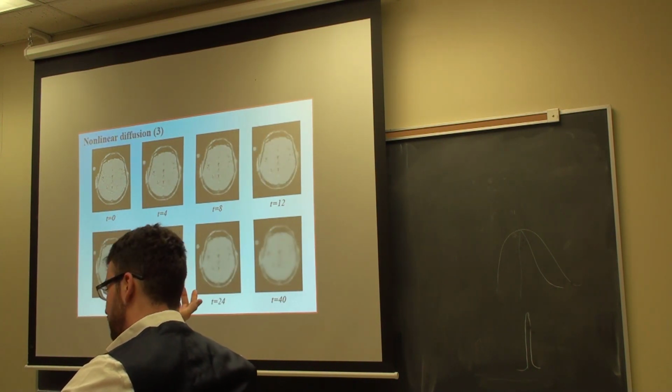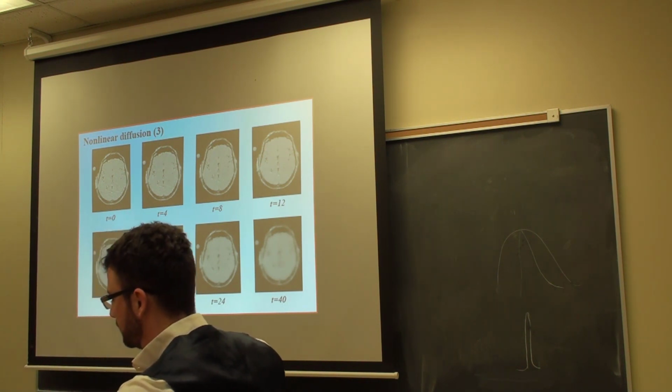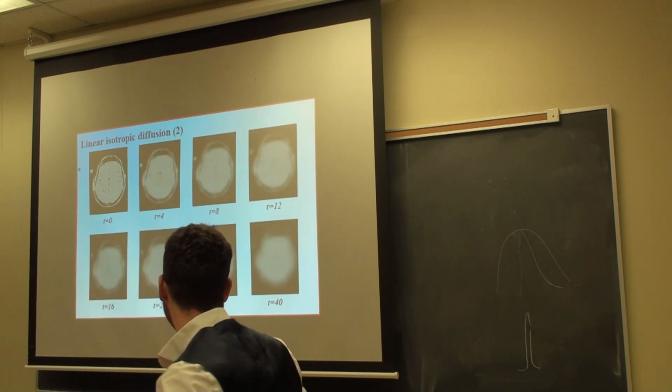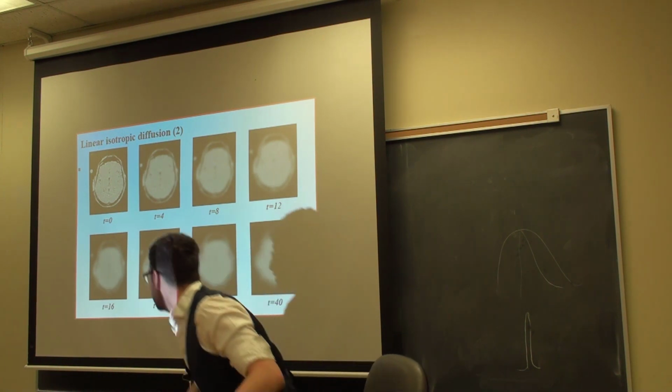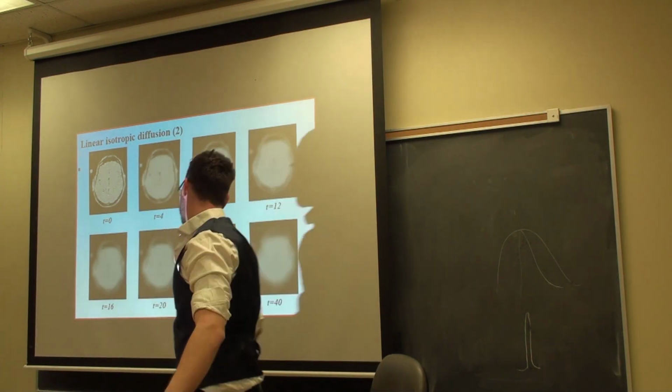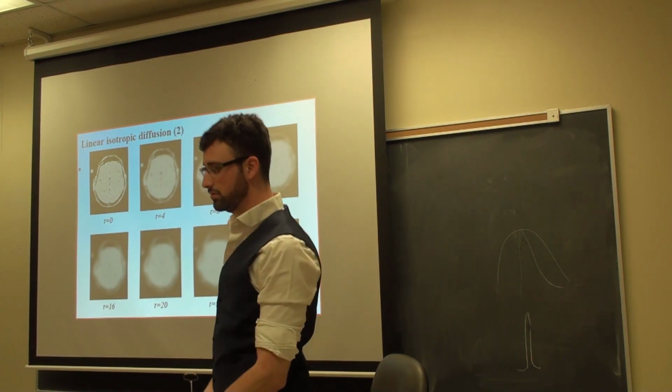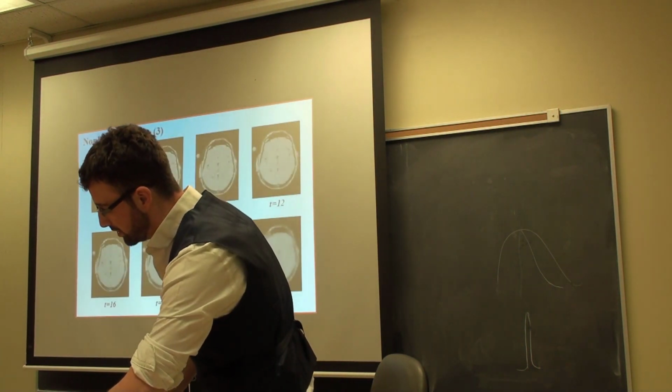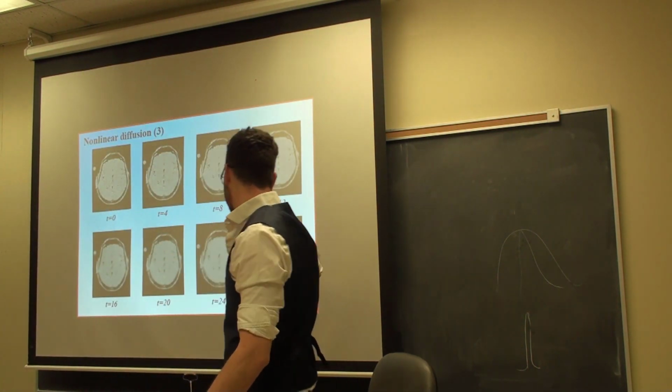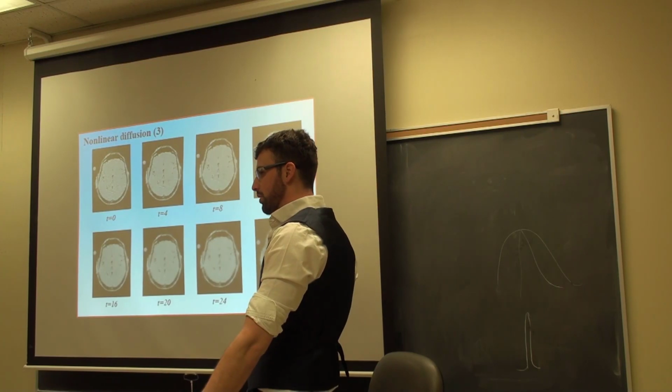Nonlinear diffusion, so this would be Grossberg's. With the previous one, you can't even make out this line at 40 iterations. But with this one, since you're not doing any diffusion right there, it kind of preserves it just a little more, right?